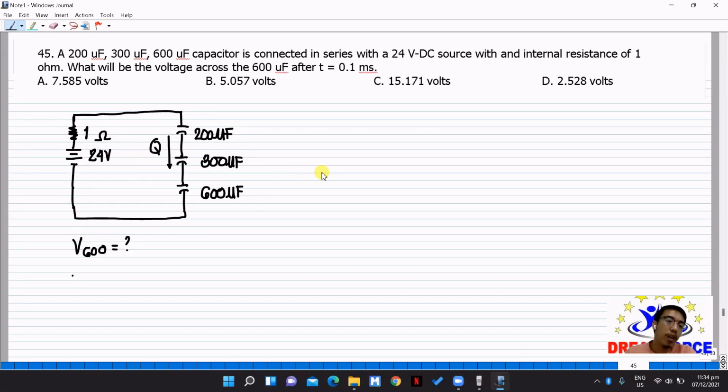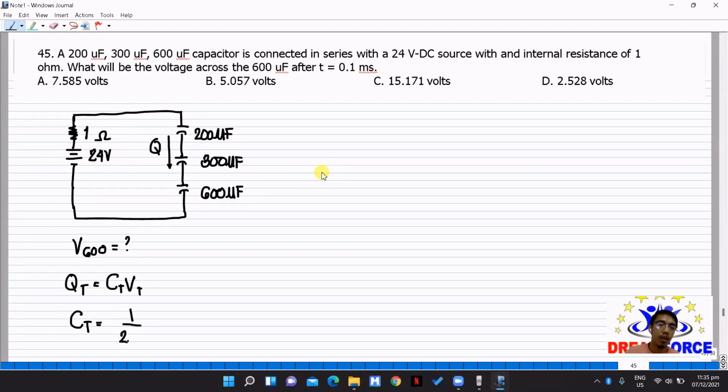Tama? So ano bang formula ng Q ulit? Q equals CV. So ang Q total natin is yung C total times V total. Yung V total natin, syempre, that is yung source voltage natin na 24 volts. So C total, hanapin natin yung C total. Pag ang capacitor naka-series, pag hinanap natin yung total, para siyang parallel na resistance.